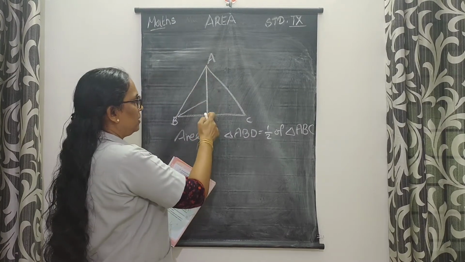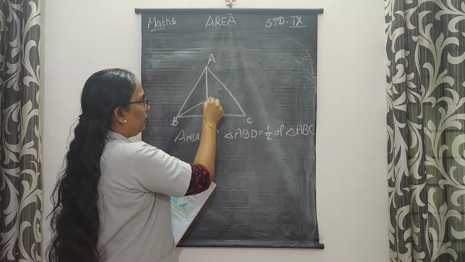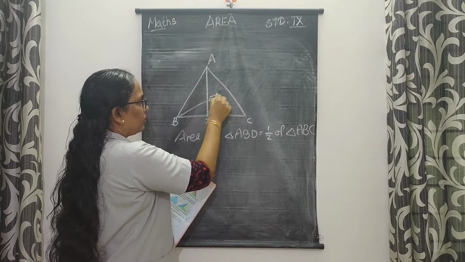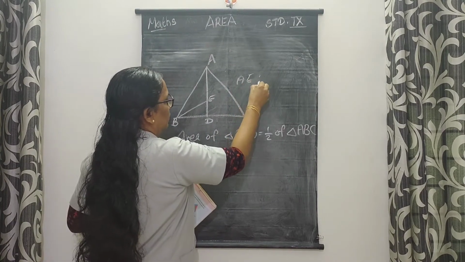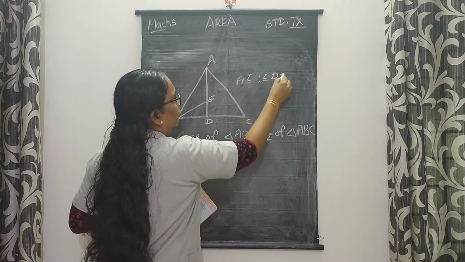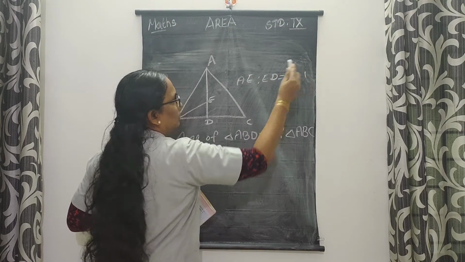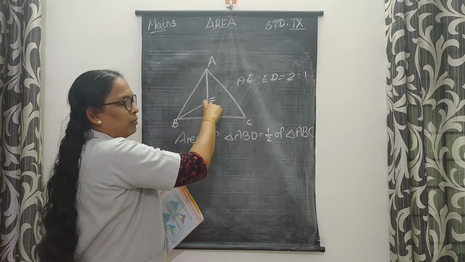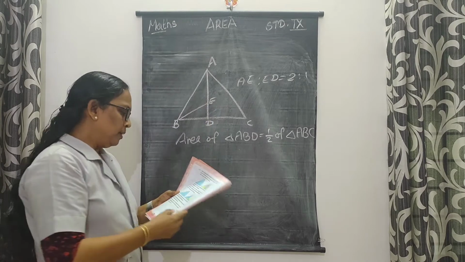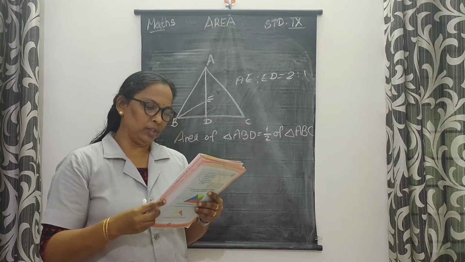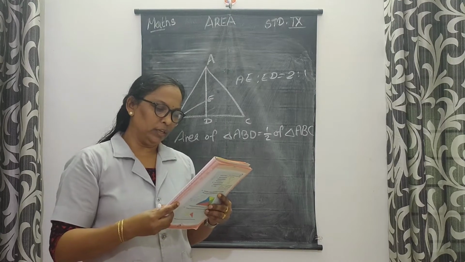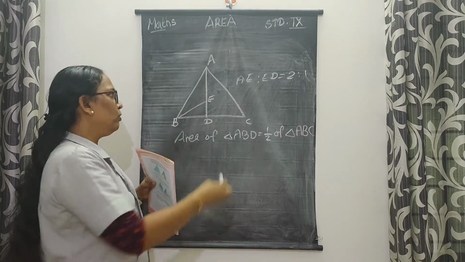If we mark E here, it is given that AE is to ED equal to 2 is to 1. So the question is, prove that the area of all these triangles in the picture on the right side is equal to a third of the area. You have to prove the area.